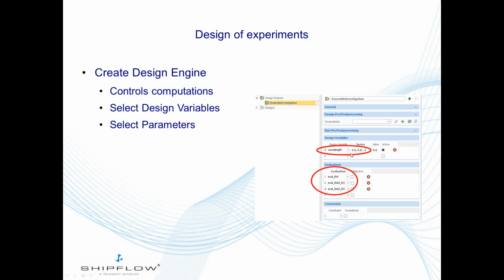We want to run wavelength of incoming waves from 0.6 to 2.0, with the same step size, so 1.0, 1.2, 1.4, and so on up to 2. So there will be 8 different computations. And then we specify which parameters we want to monitor. And here we select the 3 parameters that we created earlier.